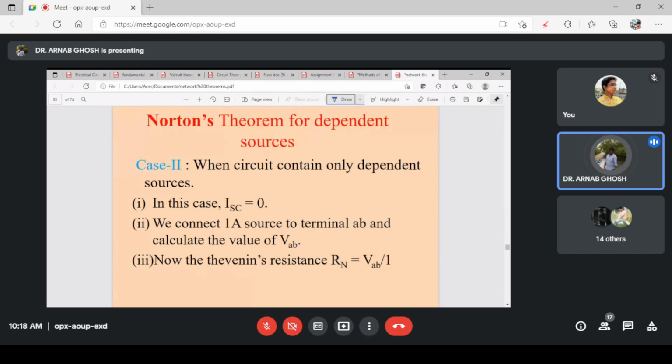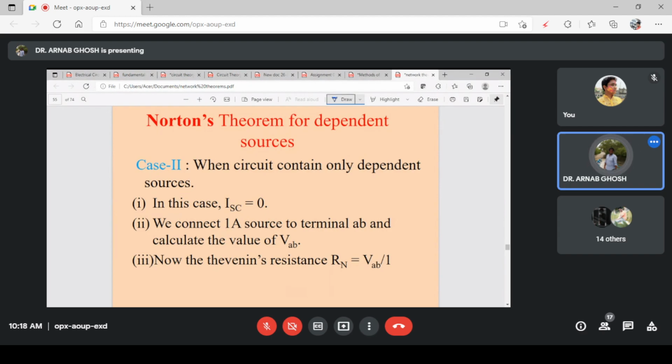Here as well we will calculate the Norton's resistance as VAB by 1. The short circuit current will be equal to 0. Therefore, we connect this 1 ampere source and calculate the VAB. This is Norton's theorem for dependent sources.